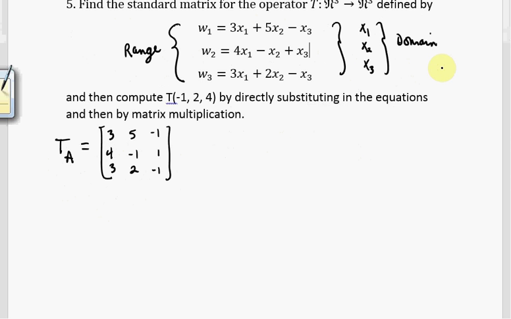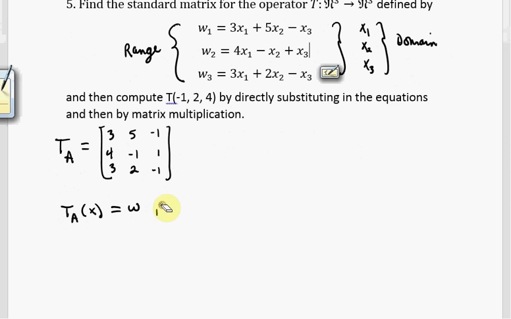Now how do we get that? We have some transformation with respect to a matrix where we have a vector x, and then somehow we get the output, some vector w.